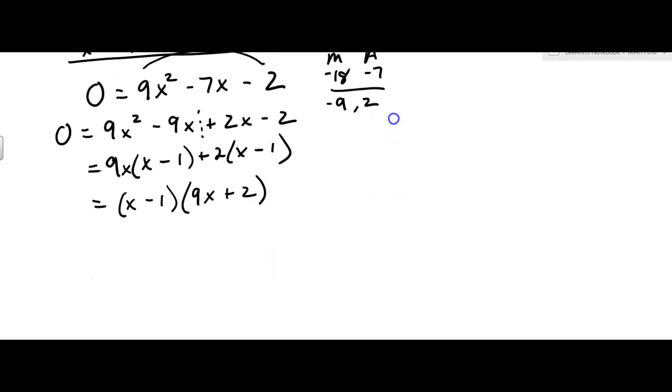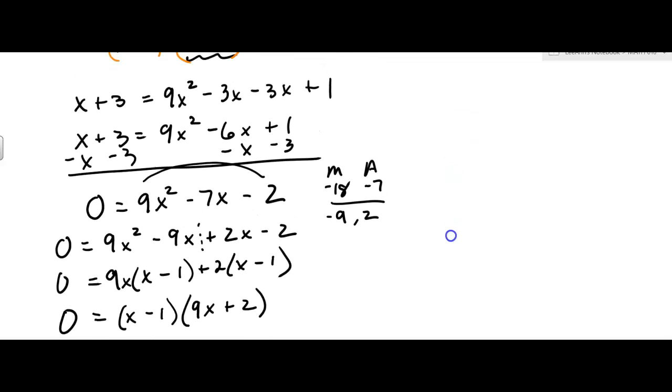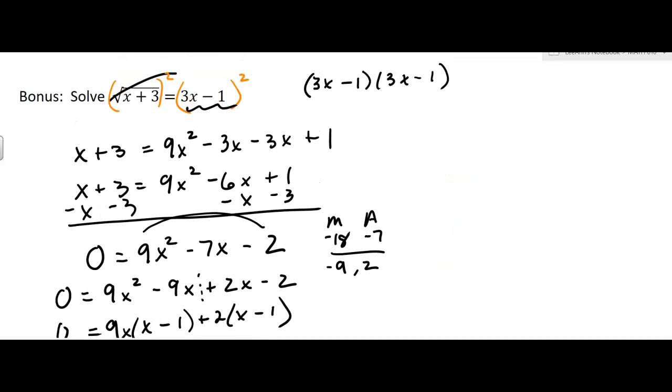Now you can write those out and solve each of those equations, but you're going to get x equals 1 or negative 2 over 9. Those are my solutions. Now I have to check those. Okay, so I have to go way back to the original, find that original equation. So here comes the check. Sometimes the check's not as bad as you might think.